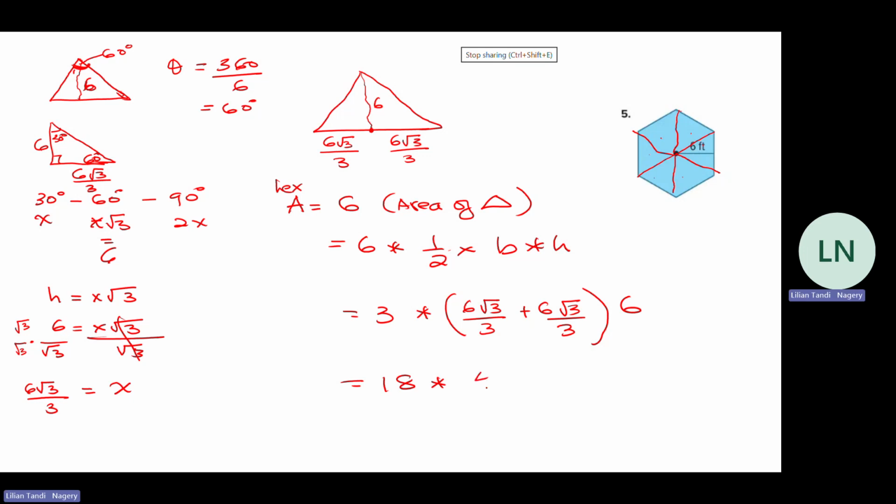So this will be 4 square root 3. 18 times 4 will give me 72 square root of 3.